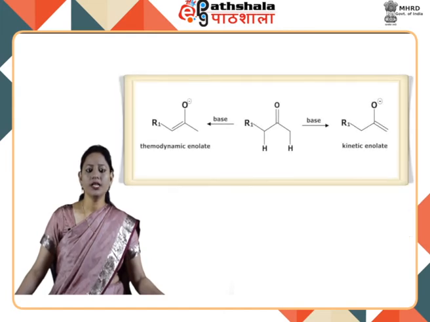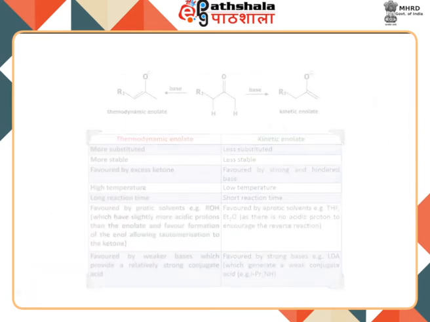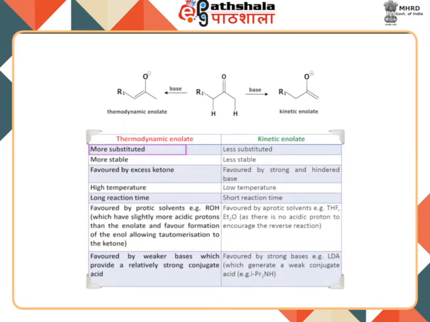The regioselective formation of enolates to give kinetic or thermodynamic products can be differentiated as shown here. Thermodynamic enolates are more substituted, whereas kinetic enolates are less substituted. A thermodynamic enolate is more stable, whereas a kinetic enolate is less stable.